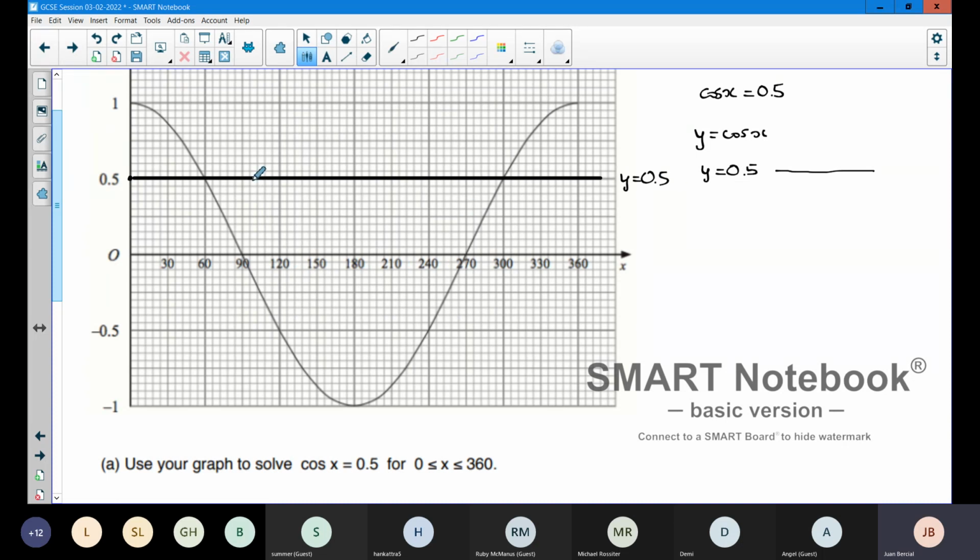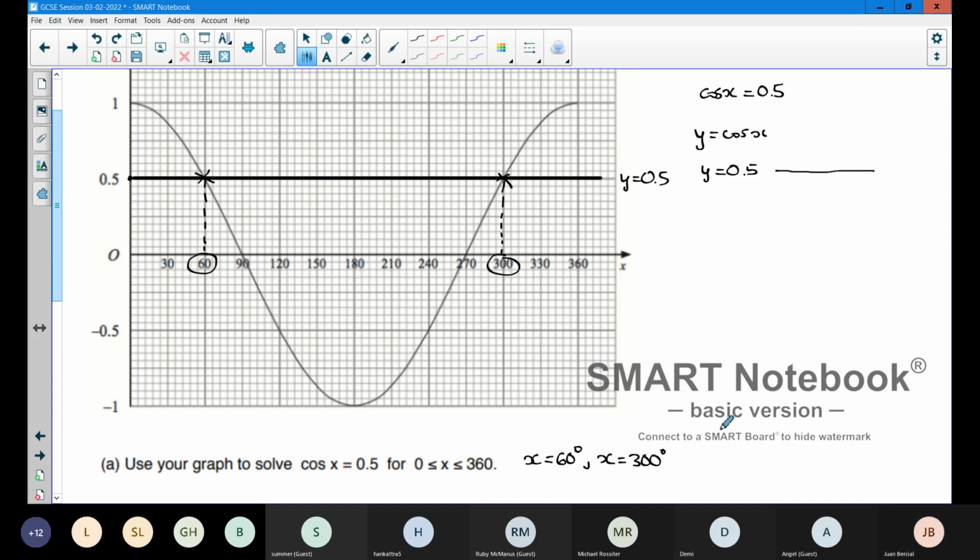So it says use your graph. So I look at the intersections. I've got that one there and I've got that one there. So obviously I want to find the x's. So if I go down there, it gives me that value there. And if I look at the other one, it's going to give me that value there. So that means that x is equal to 60 and x equals 300.